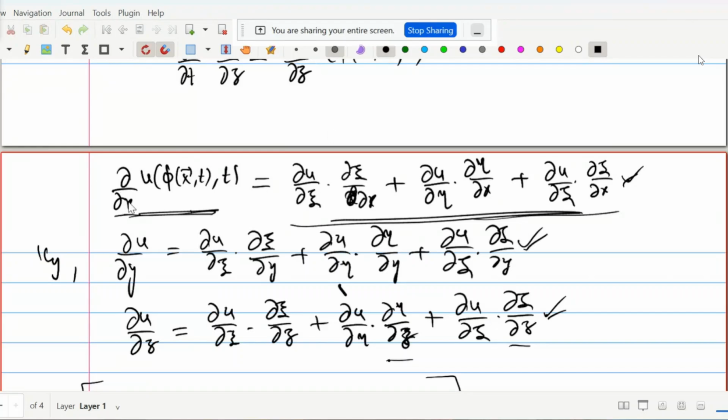If you write x, it's only one variable, right? x is a variable. You have other variables y and z also. The x variable, if you do, you also have inside ξ. ξ is a function of x, y, z. η is also a function of x, y, z.